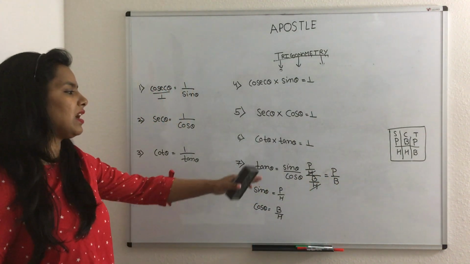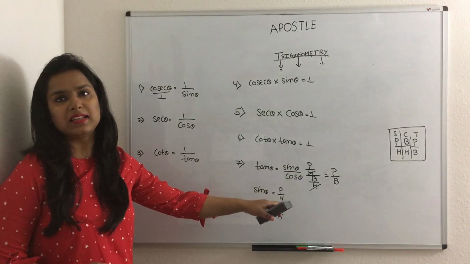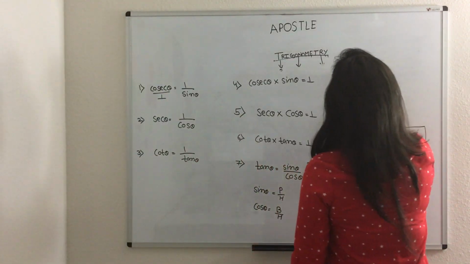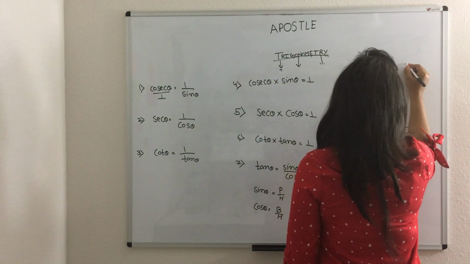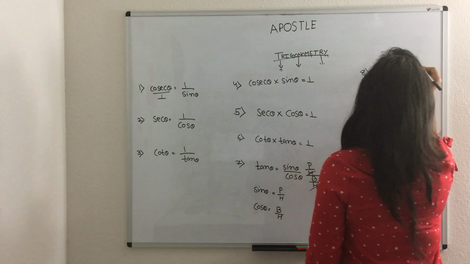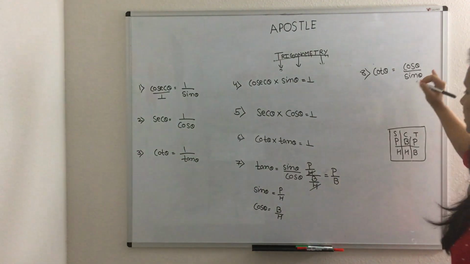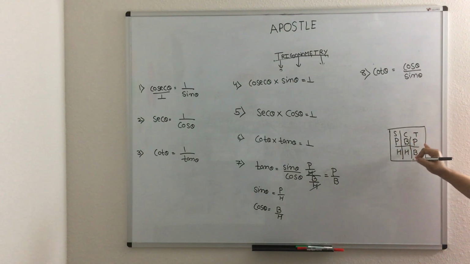So the value of tan theta is p by b, and we can also rewrite tan theta as sine theta upon cos theta. Now we are going to discuss cot theta. In the case of cot theta, we can write this as cos theta upon sine theta. We know the value of cos theta. What is the value of cos theta? Pandit Badri Prasad har har bole sona chandi tole.